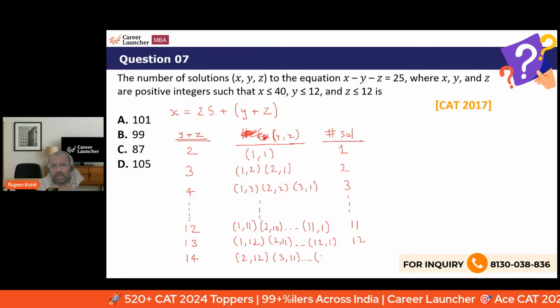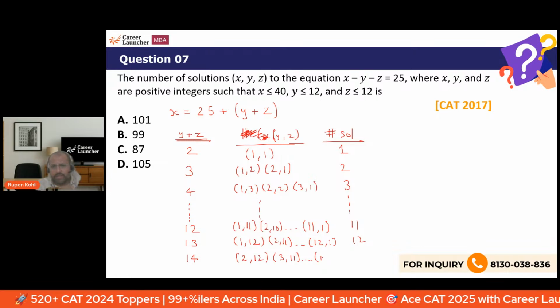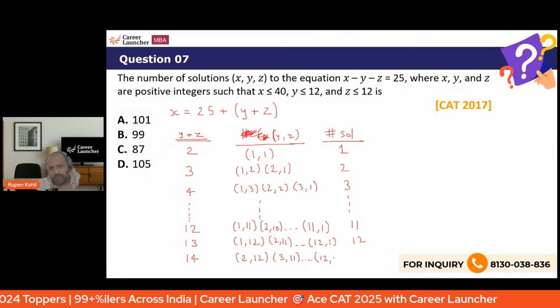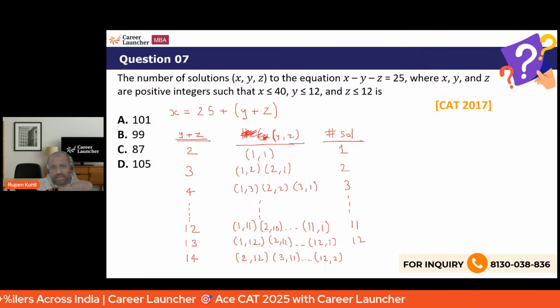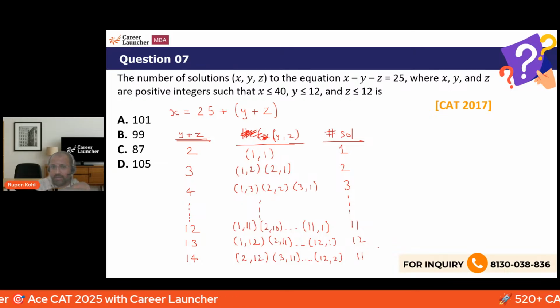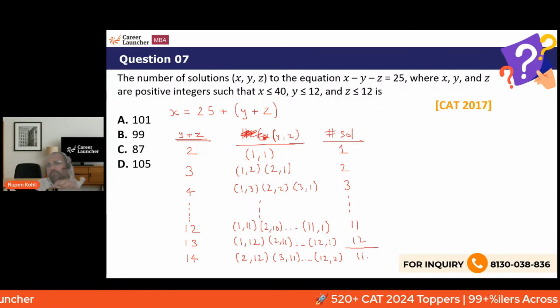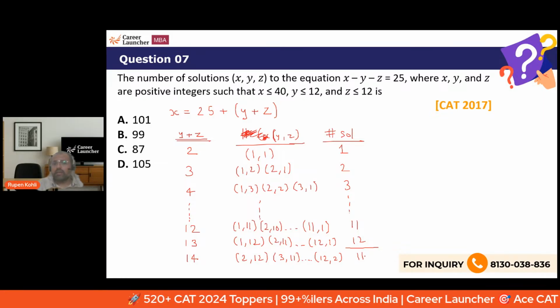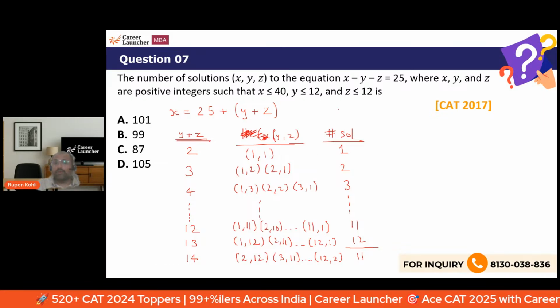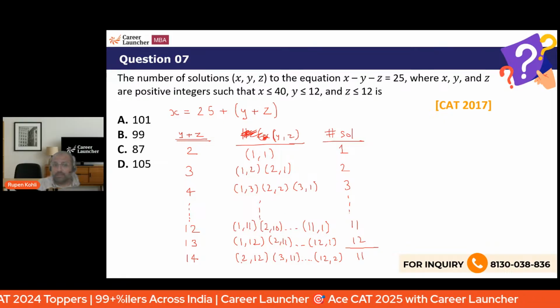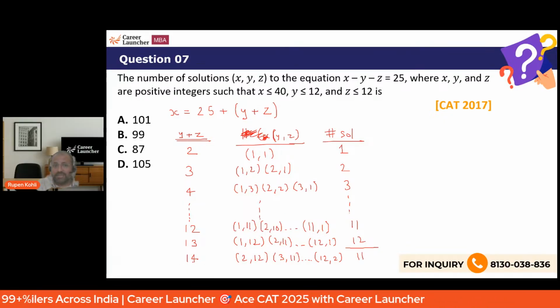At the last we'll have finally 11 3 and finally 12 2. So starting from 2 up to 12, these are 11 solutions. You see here the pattern breaks at this point. 1 2 3 4 5 6 up to 11 12, and then we are going down. The number of solutions has now decreased instead of increasing, right? So we have to be very careful with this.